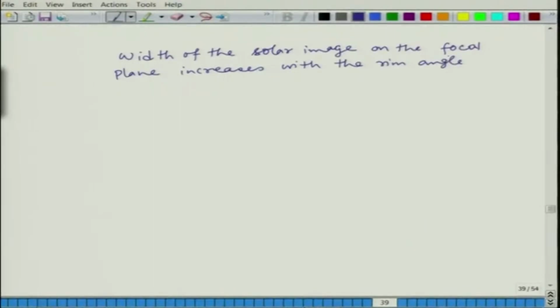Basically if you have this parabola, rim angle means the angle that the rim point makes, this is phi r. So, if the rim angle increases, that means the size of the parabola increases, and that also means the width of the image will increase.